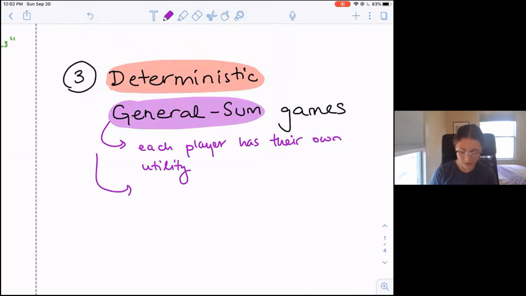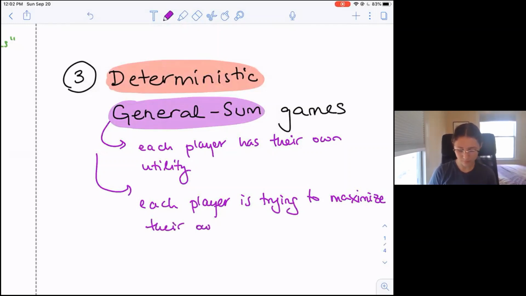And here, each player is trying to maximize their own utility and basically ignores all the other utilities of the other players.